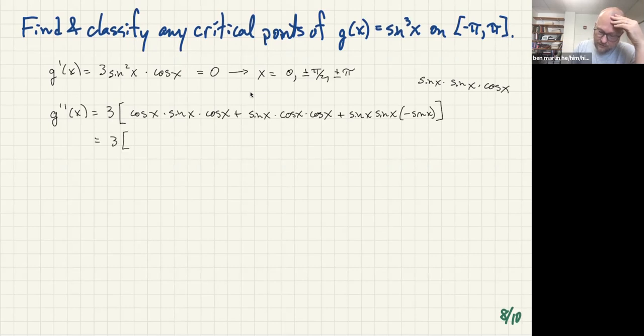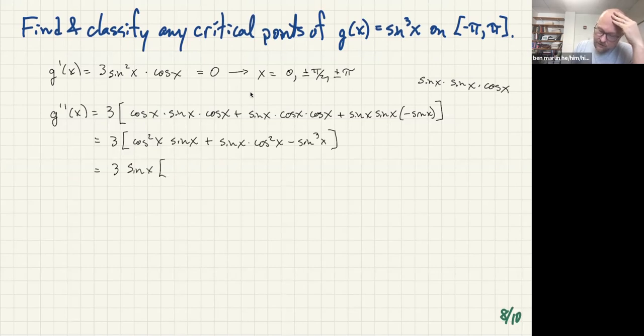So 3 times, we had here cosine squared x sine x plus, and then the next one is sine x cosine squared x. And then the third one is minus sine cubed x, okay? So we can see that there is a factor of sine x for the whole thing.